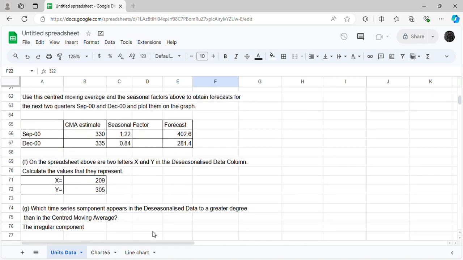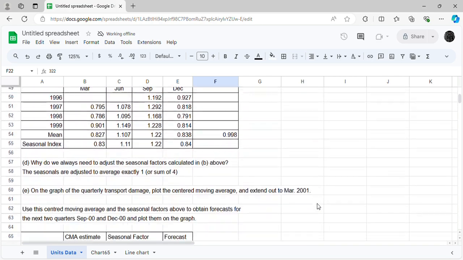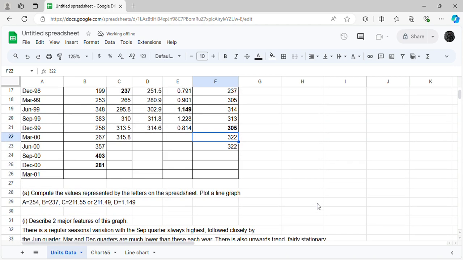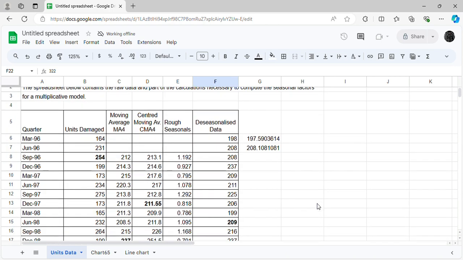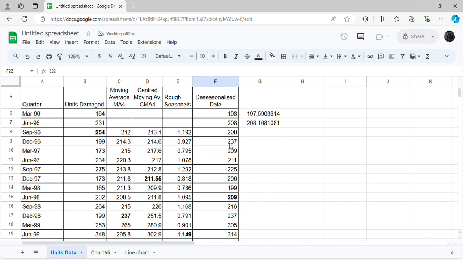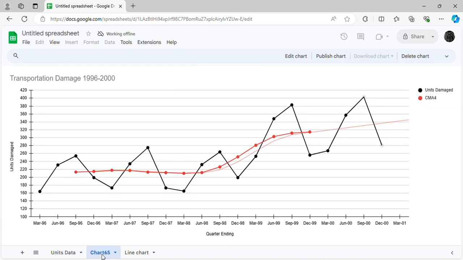Which time series component appears in the deseasonalized data to a greater degree than in the centered moving average? So deseasonalized data doesn't have seasonality. The seasonal index has been divided out. Let's add this deseasonalized data range to our chart.